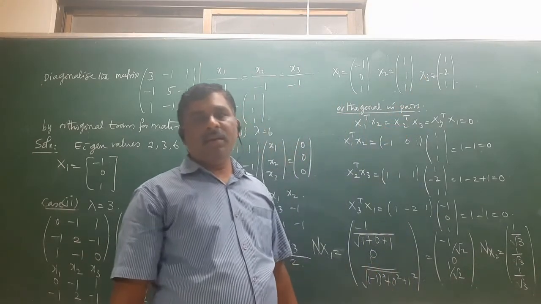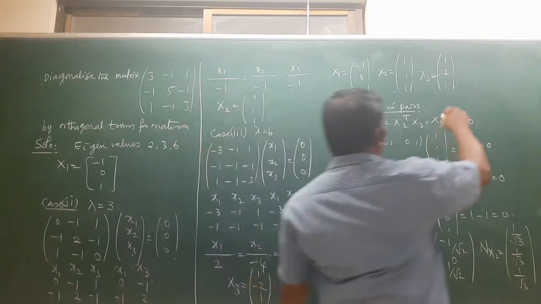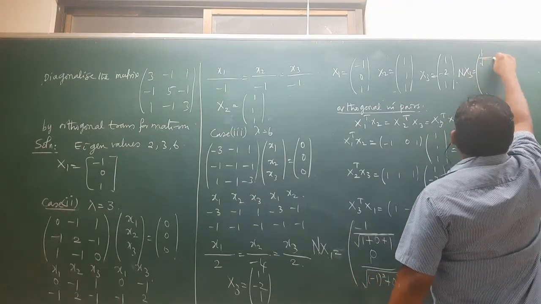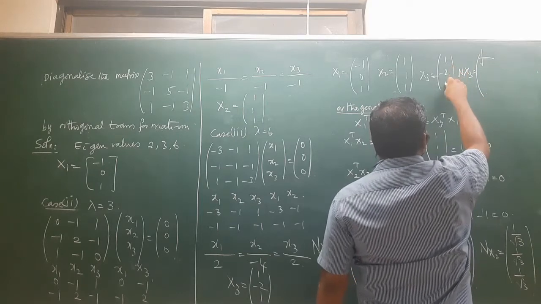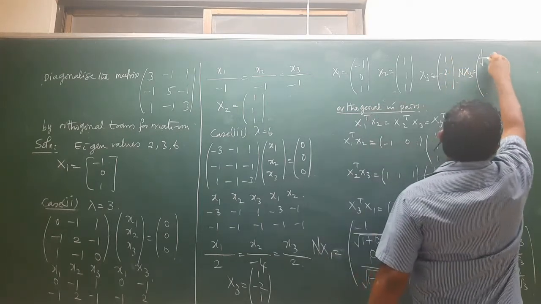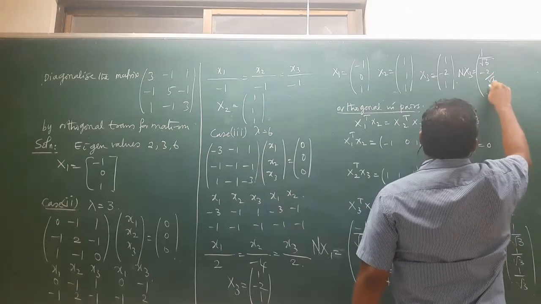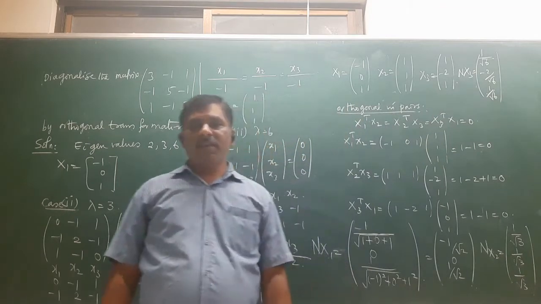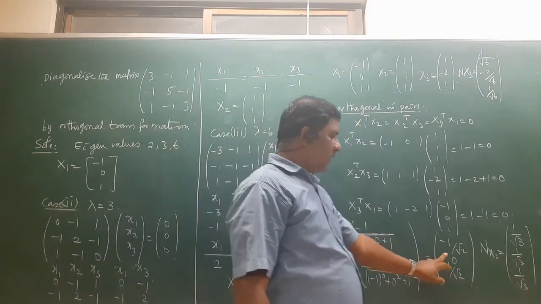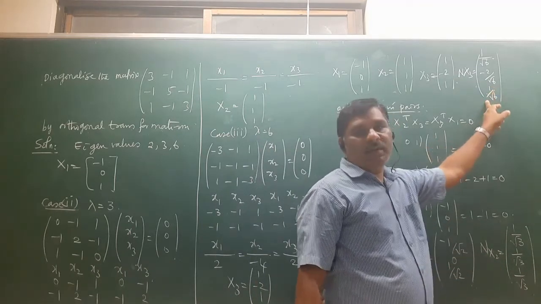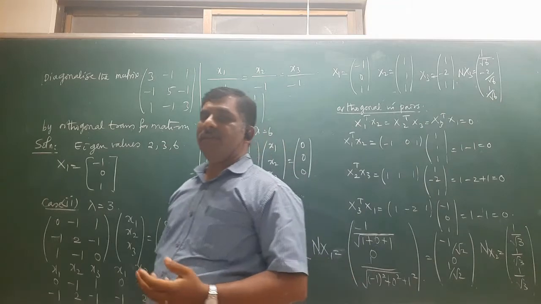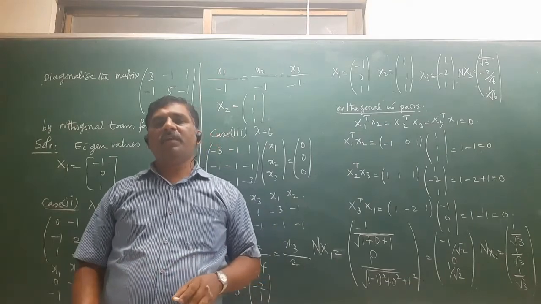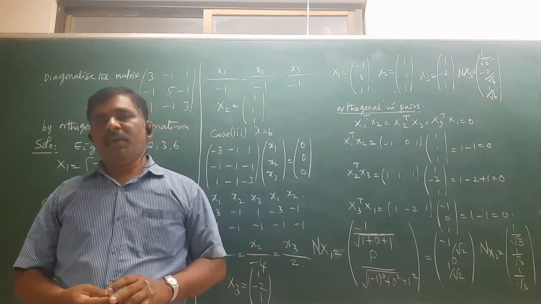How to find the normalized vector for x3? nx3: 1 divided by the square root of 1 squared plus 2 squared, 4, plus 1, that means root 6. So 1 by root 6, minus 2 by root 6, 1 by root 6. That is the third normalized vector. Based on the three normalized vectors, we have to form the normalized modal matrix. With the normalized modal matrix, we can diagonalize the problem.